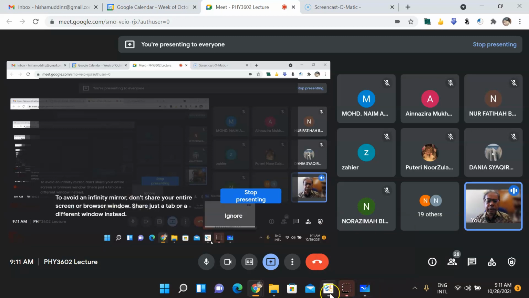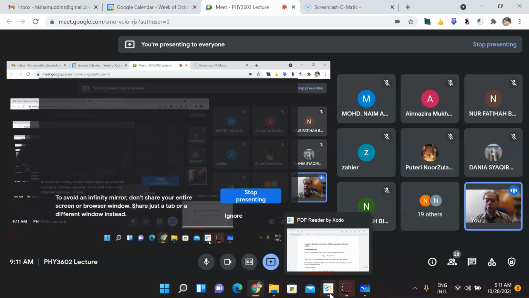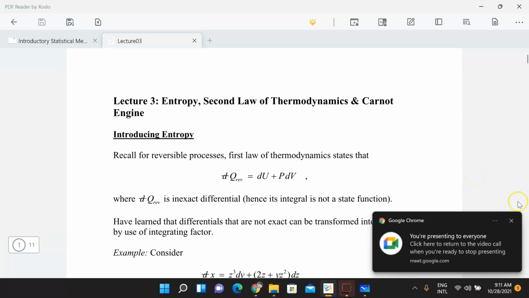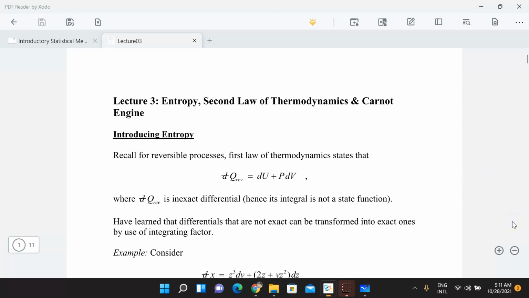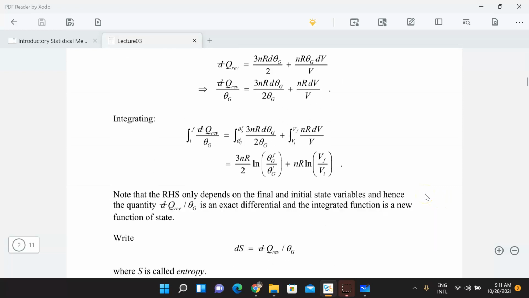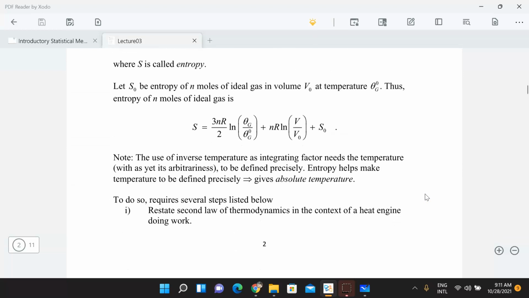Right. So let me go to the lectures. Let me try to recall where we stopped.